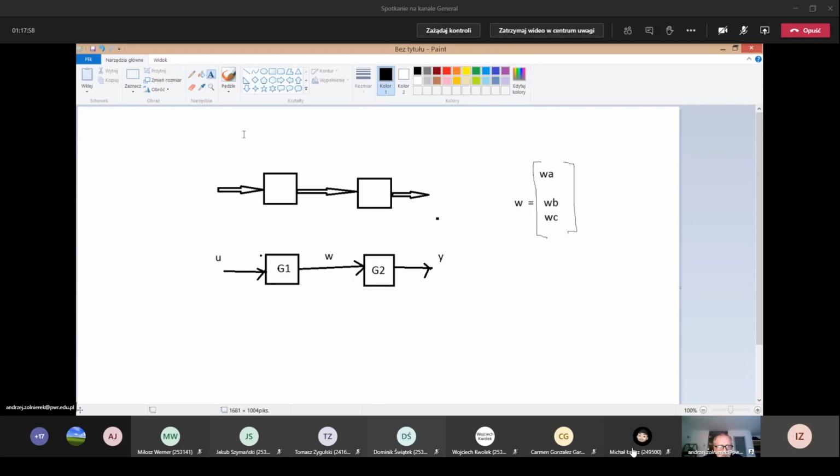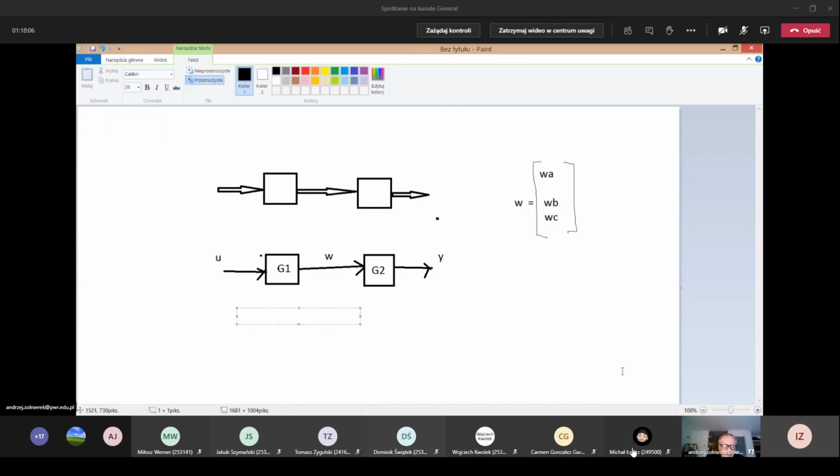And how to describe this system? First of all, I can write relation for the first object G1.